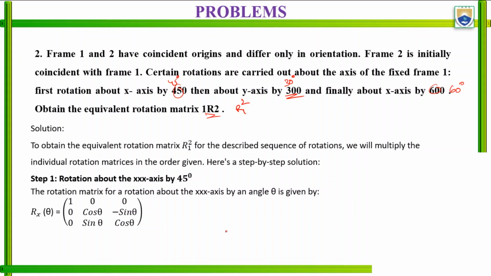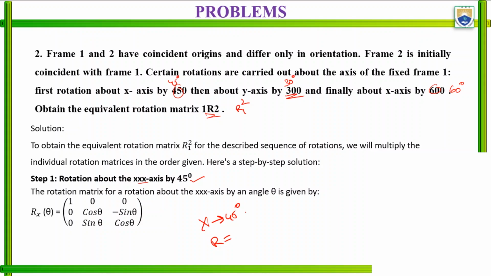Now we need to find out again the rotational matrix here. So to obtain at an angle for the x-axis at 45 degrees, the rotation matrix is nothing but 1 0 0 0 cos theta minus sin theta 0 sin theta and cos theta. This is a standard rotational matrix for the x-axis.